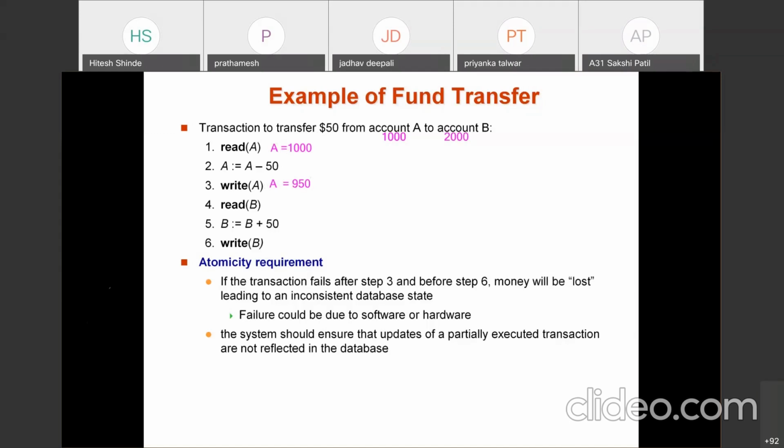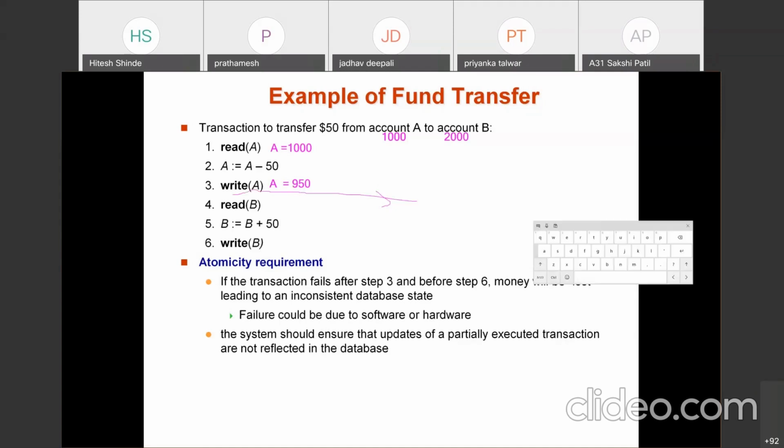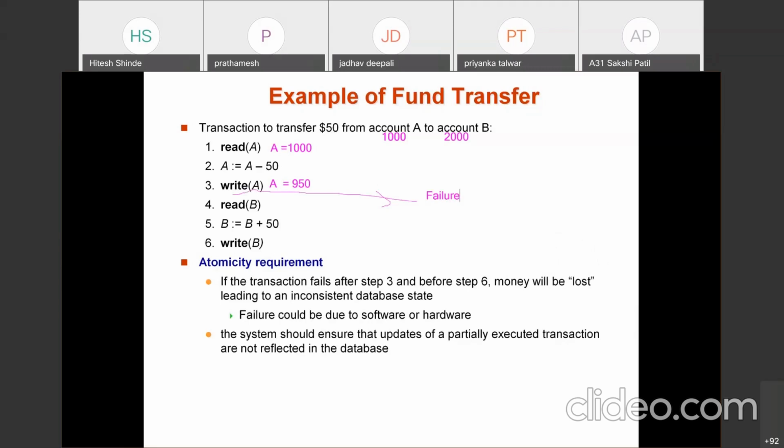Now see, after this write operation, if a failure occurs, then what happens? If a failure occurs after write A and before write B, then what are the values of A and B at the end? Anyone?